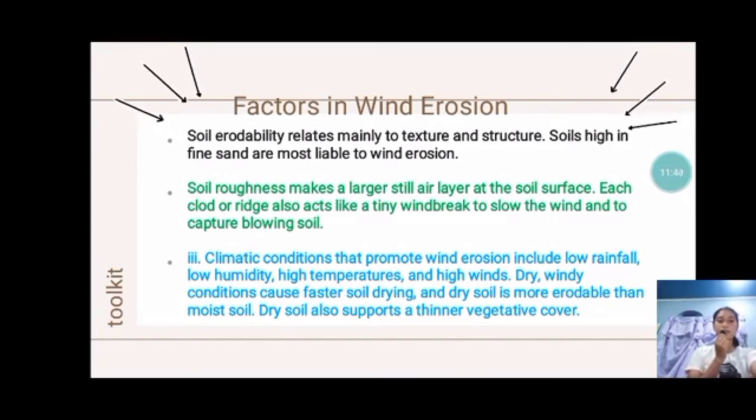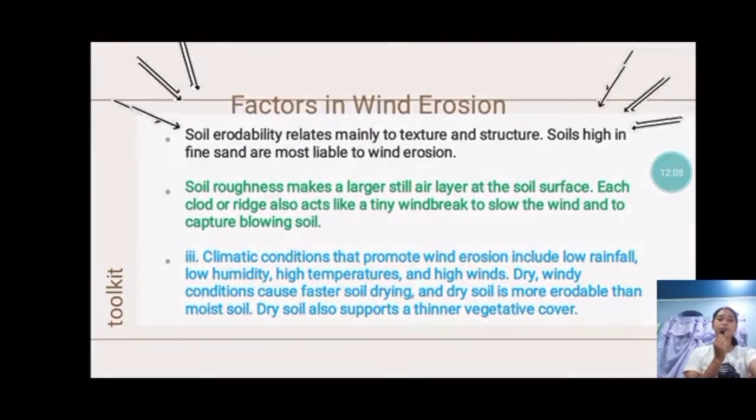Climate conditions that promote wind erosion include low rainfall, low humidity, high temperatures, and high winds. Dry windy conditions cause faster soil drying, and dry soil is more erodible than moist soil.